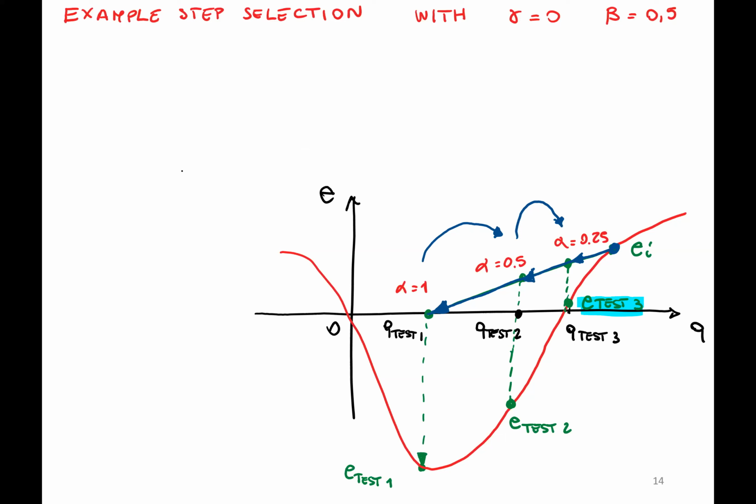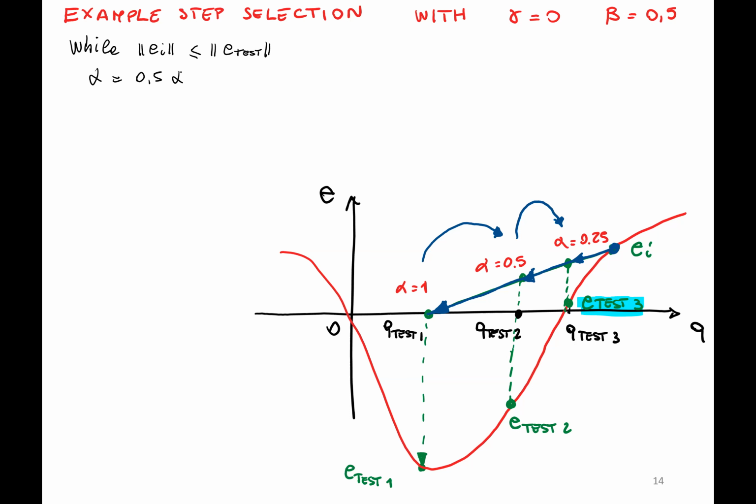Now, if we take, for example, this example with gamma equal to 0 and beta equal to 0.5, while the error is lower than or equal, because gamma is 0, then E test. We do what? A step reduction with beta 0.5.